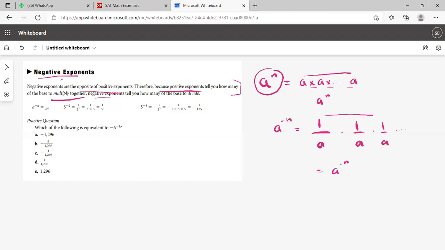Yes. Okay, so we have 3 to the minus 2. 3 to the minus 2 is basically 1 by 3 square. This 3 square is 3 into 3, and this is 1 by 9, right?